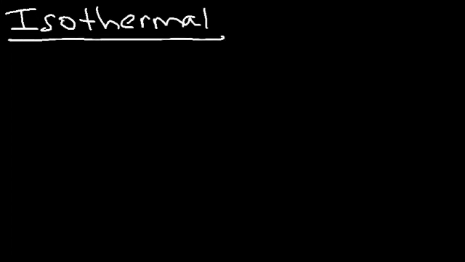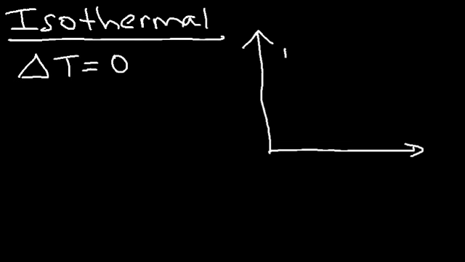The third process that we need to review is the isothermal process. Iso means the same. So isothermal, the temperature is going to be the same. So the change in temperature is 0. Now the isothermal graph looks like this in the PV diagram.